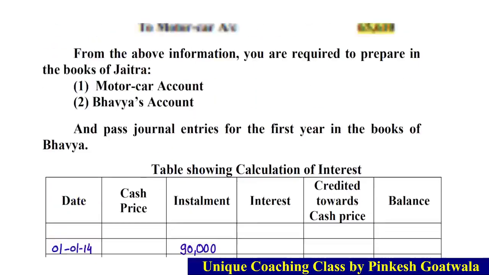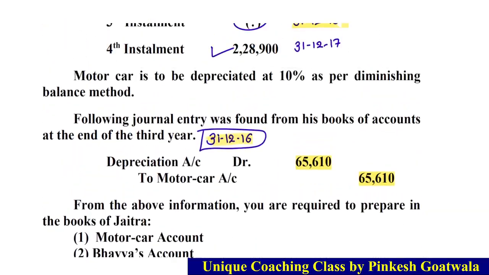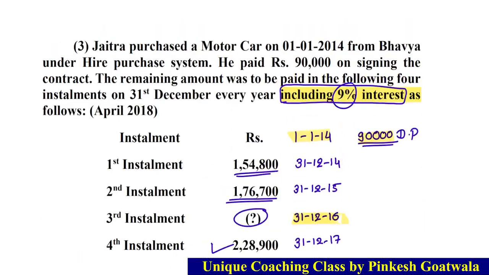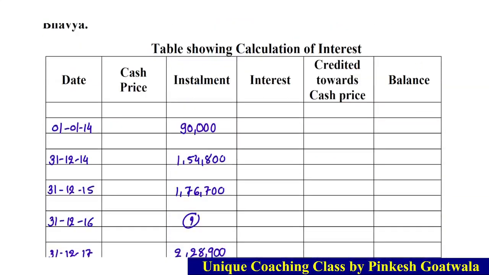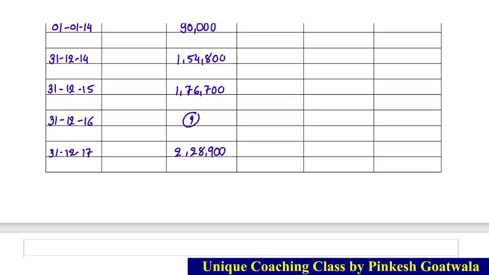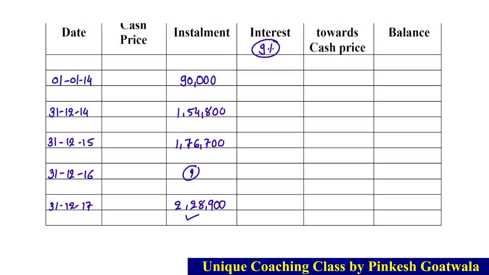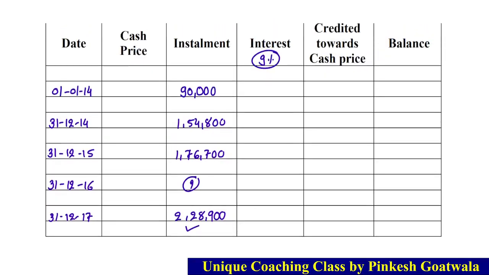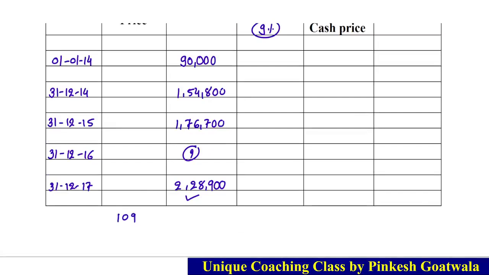And what is the rate of interest? Look here, the rate of interest is 9%. So let's start the sum from the last installment. What is the last installment? 2,28,900. We know this step. The rate of interest is 9%, so we put this step, 109 over 228,900.